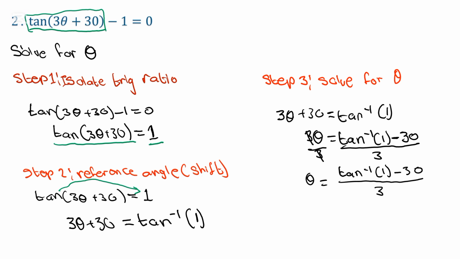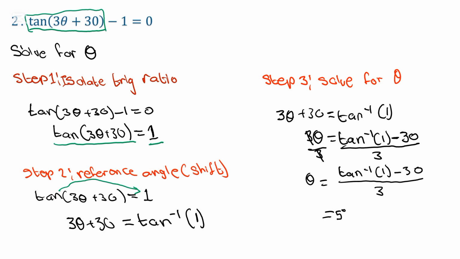Then you get your answer by using your calculator. I think you get an answer of 5 degrees right there. So you have found your theta, which you were asked to solve.